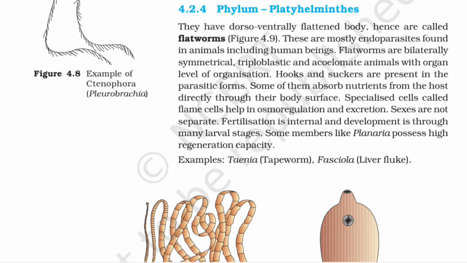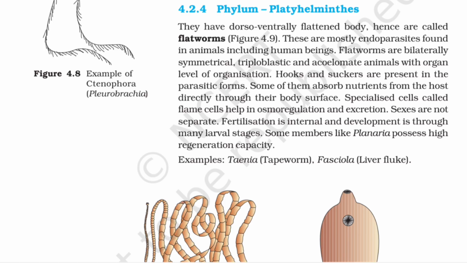These are mostly endoparasites found in animals including human beings. Flatworms are bilaterally symmetrical, triploblastic and acoelomate animals with organ level of organization. Hooks and suckers are present in the parasitic forms. Some of them absorb nutrients from the host directly through their body surface.